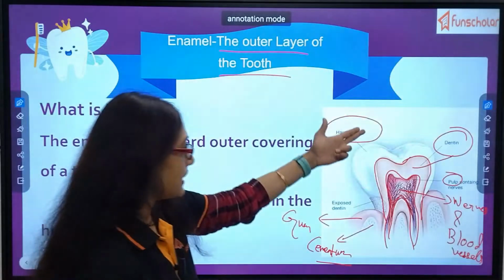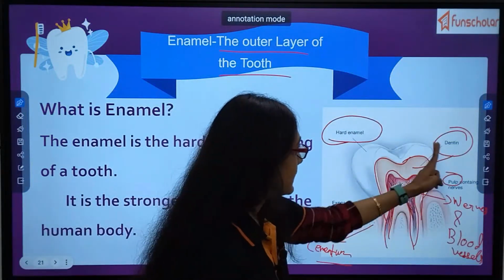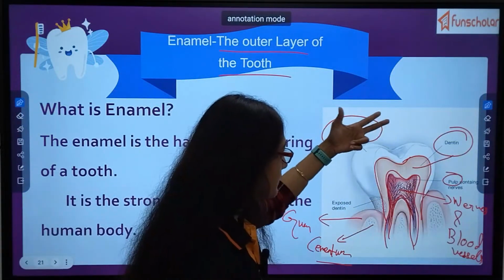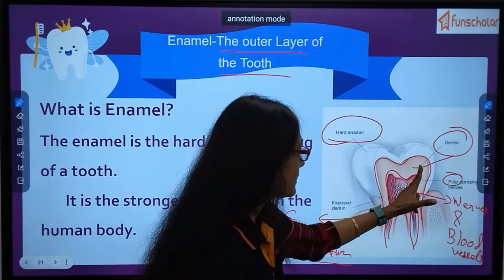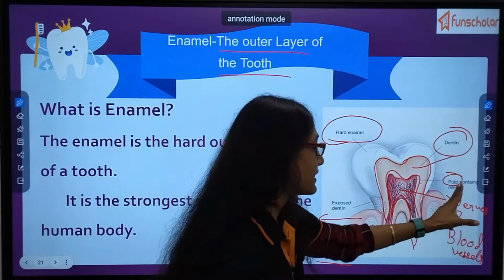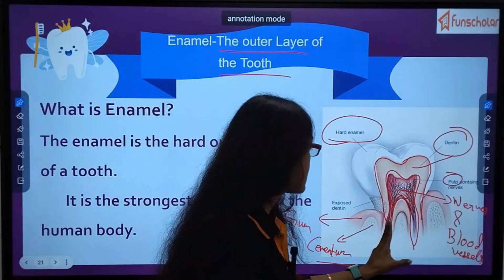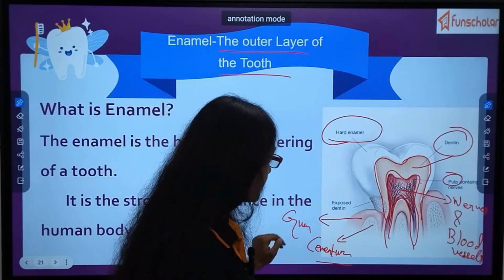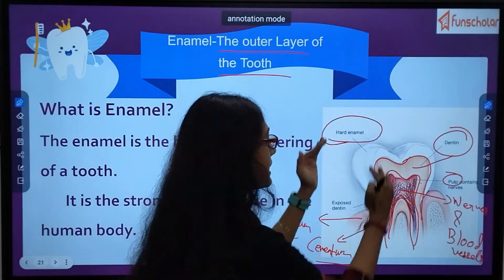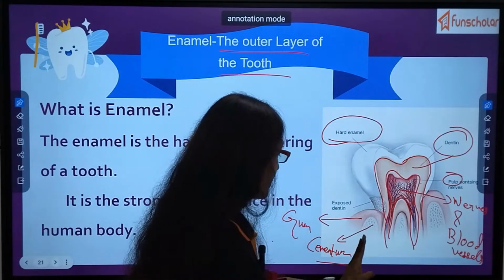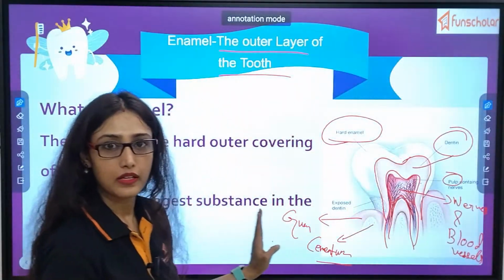Just like the cement does to any brick. Clear? Enamel is the outer covering, below it is the dentine. Dentine contains pulp, which is made up of nerves and blood vessels, and this pink part is the gum, and the teeth are embedded within the gum with the help of cementum. Clear?